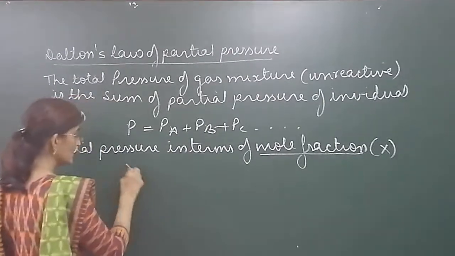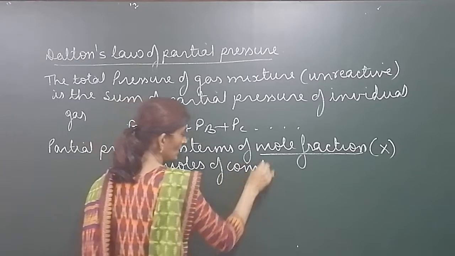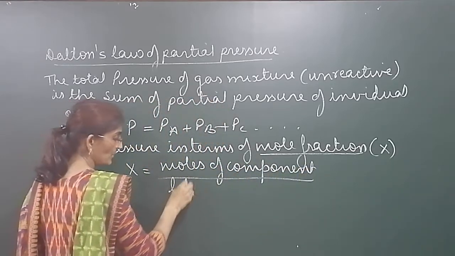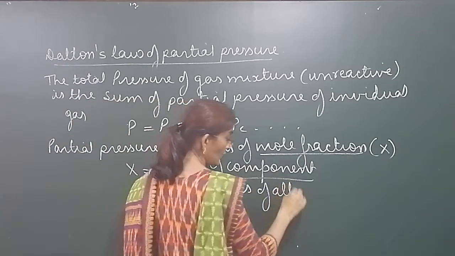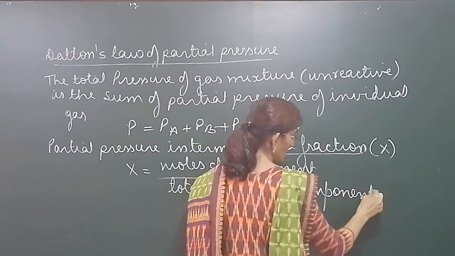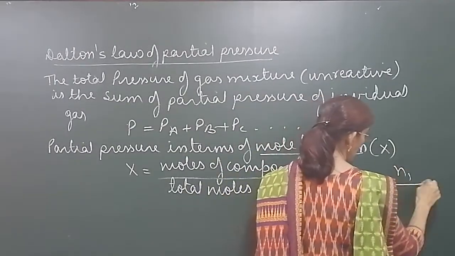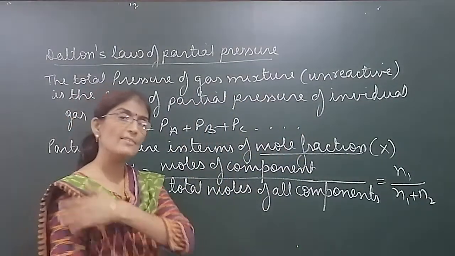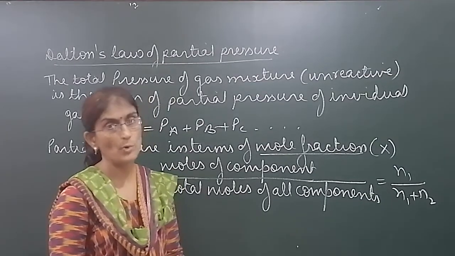Mole fraction is moles of a component upon total moles of all the components in the mixture. That is called mole fraction. And if you remember, it is N1 upon N1 plus N2. If there are 3 gases, take the moles of all three below. Above, take the one whose mole fraction you want to find, and below, the total moles. That is called mole fraction.